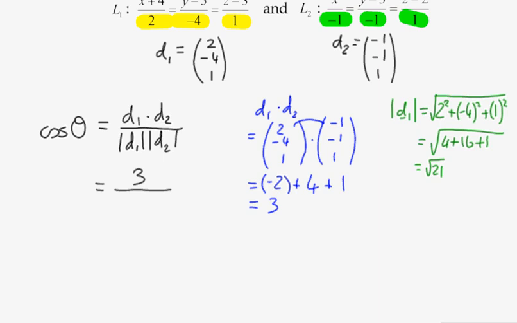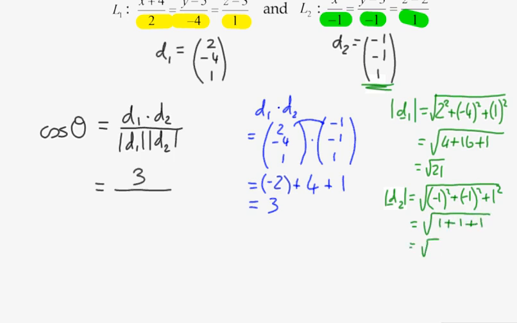I'm just going to leave it like that just now, and I'll put that into my calculation. Then the magnitude of the second direction vector is the square root of -1 squared plus -1 squared plus 1 squared, the three elements of d2. Simplifying that, they all go to 1, so we've got the square root of 3.